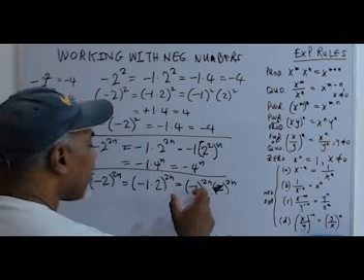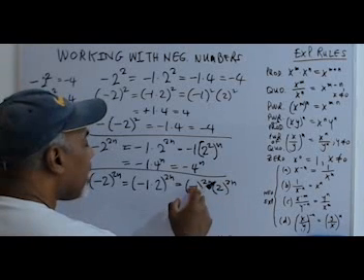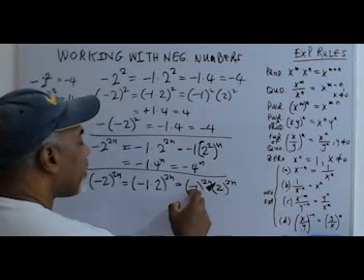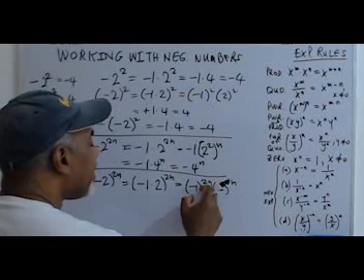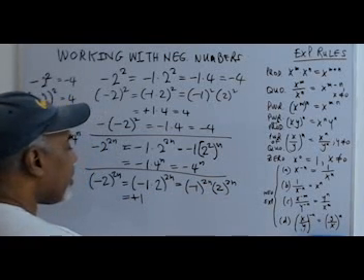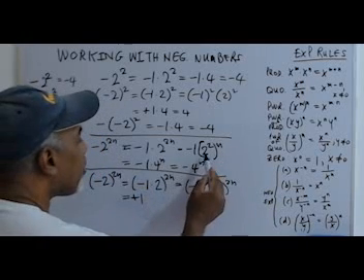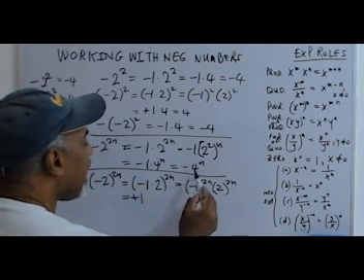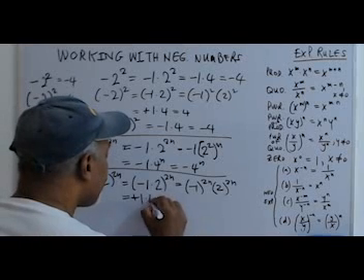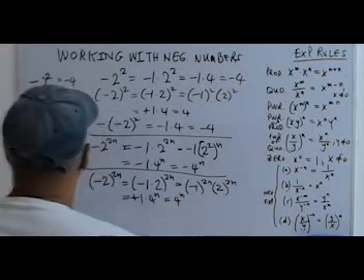Now, this 2n is an even number. A negative number raised to an even number is always going to be a positive number. And then we saw from the previous example, 2 to the 2n is 4 to the n, so times 4 to the n, so that's just, again, 4 to the n.